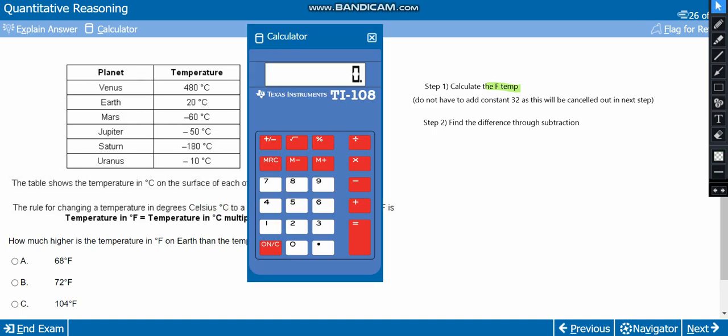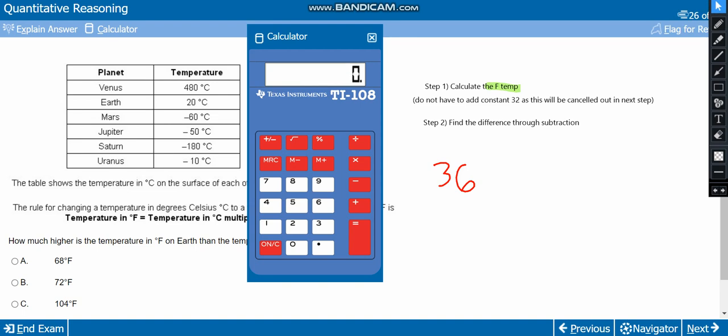So 20 multiplied by 1.8 is equal to 36, so we can write that down here. And then for Mars, we have negative 60.